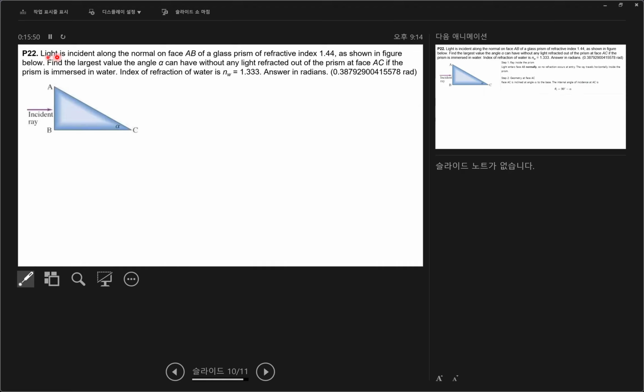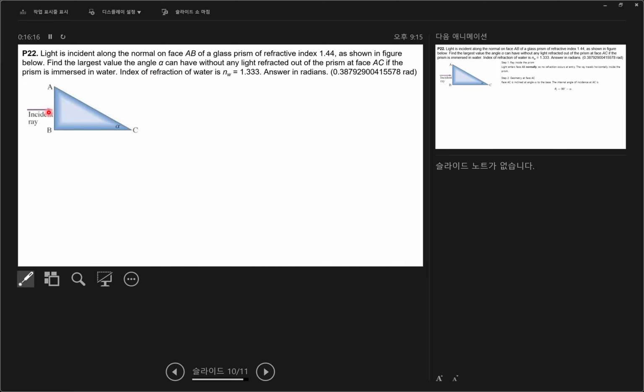Now a light ray is incident along the normal on the face AB. This is a glass prism with a refractive index of 1.44. Find the largest value of angle alpha without any light refracted out of the prism.